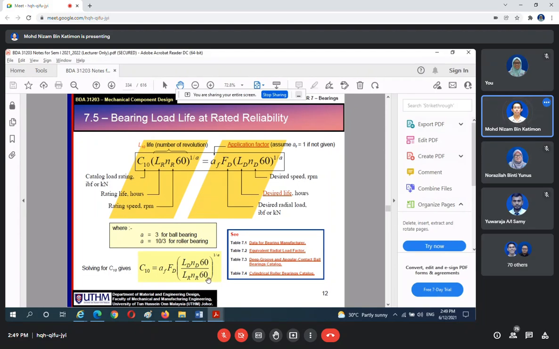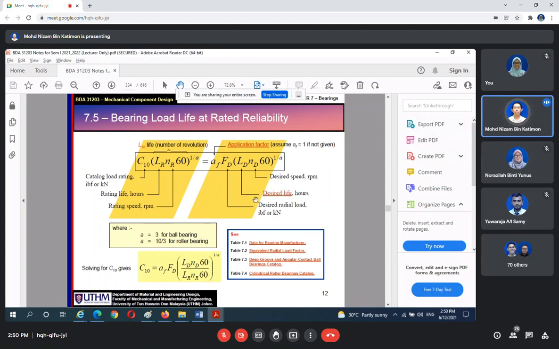So the explanation: the D subscript is on the right one, everything desired. The application factor is about desire. What is the desired radial load? What is the desired life?